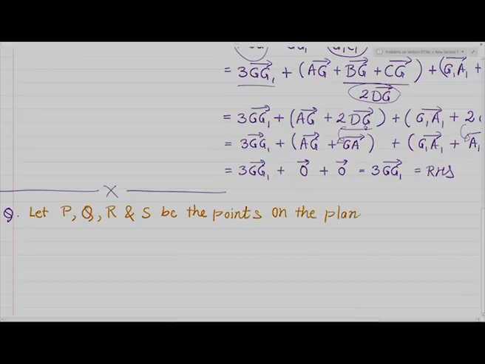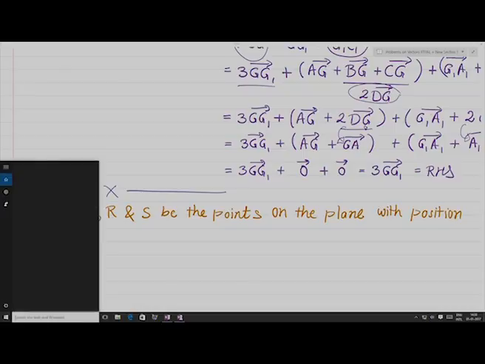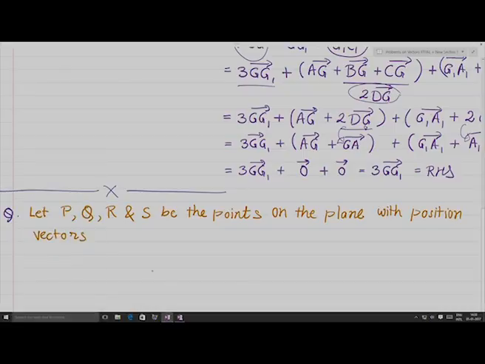So, in earlier lectures you must have seen that either we can give the coordinates of the point or we can give the position vector of points. So, here we are choosing to give position vectors of the points. So, plane with position vectors. Position vector for P, position vector for Q and position vector for R and S.